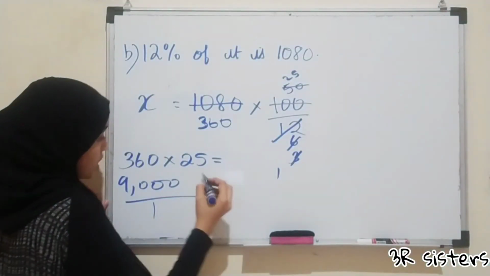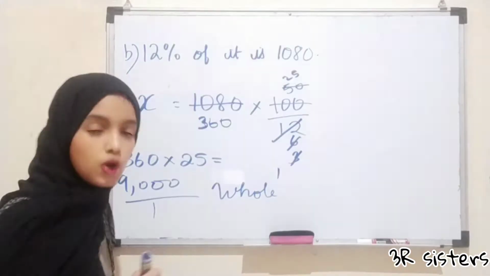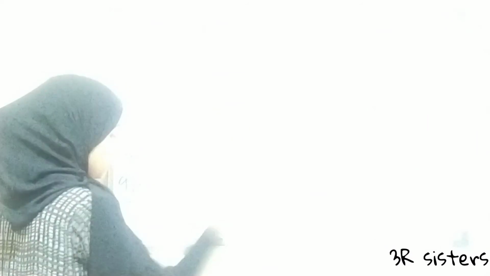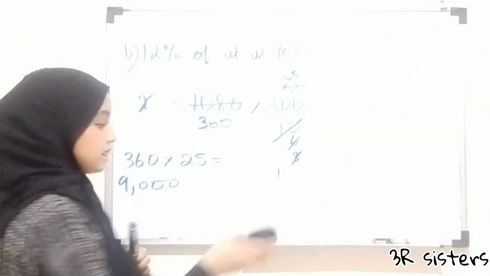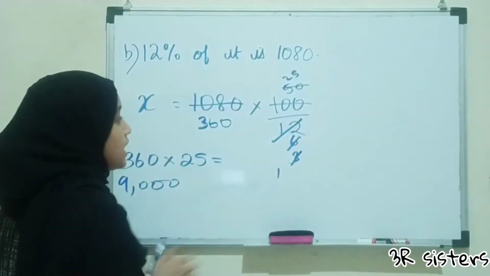Now what is left? 9,000 by 1 is equal to what? It is a whole number. So we can wipe off the by 1 and it becomes 9,000. This is the answer we get.